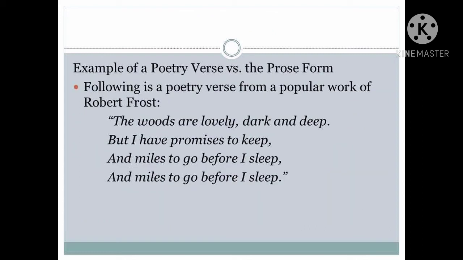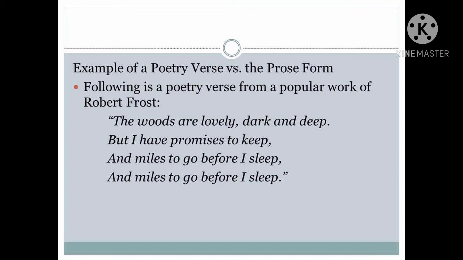In the given examples, you will first see an example of a poem from a popular work of Robert Frost. This one is what we call poetry verse, while the second example is the same sentiment written in prose form, or what we call paragraph form.